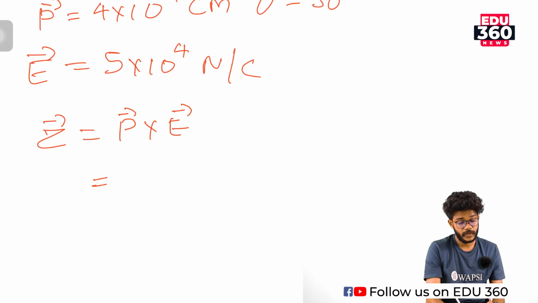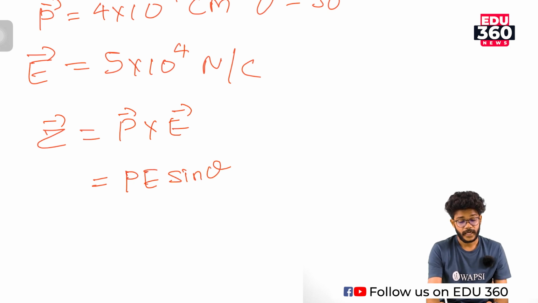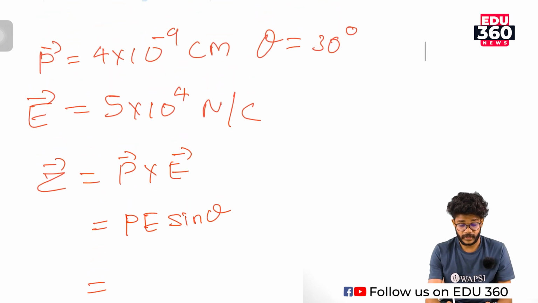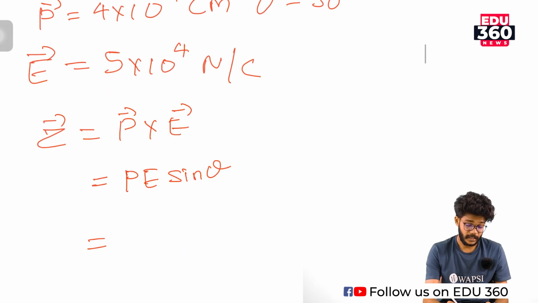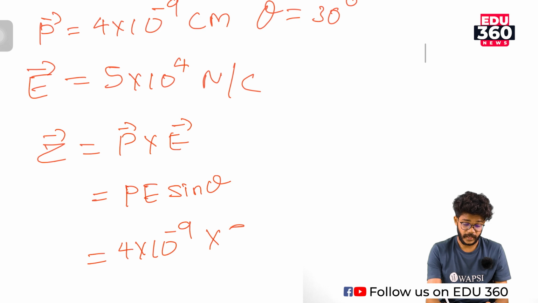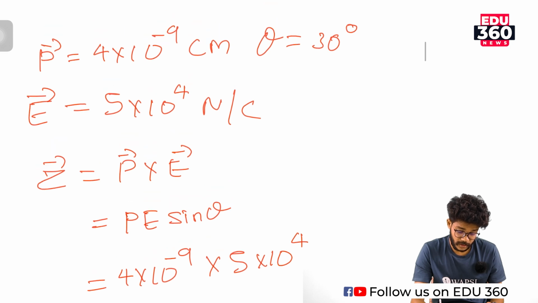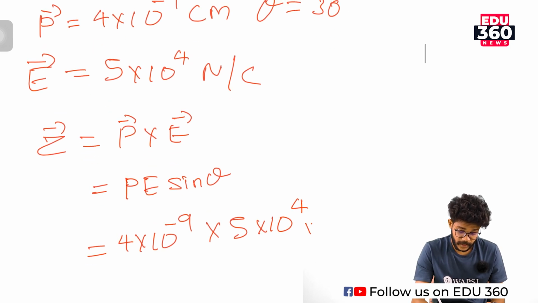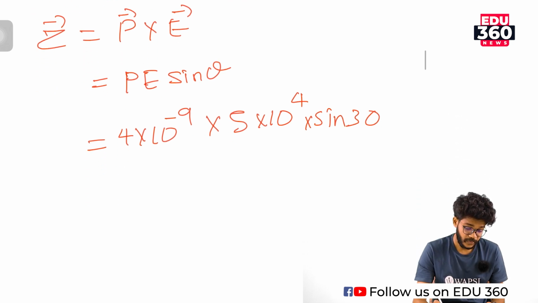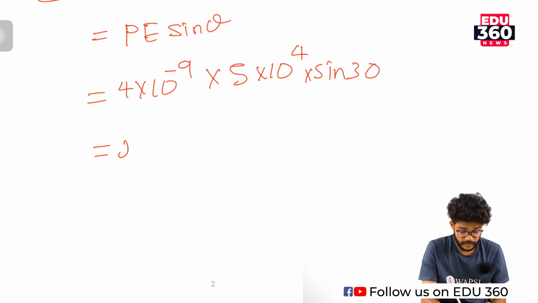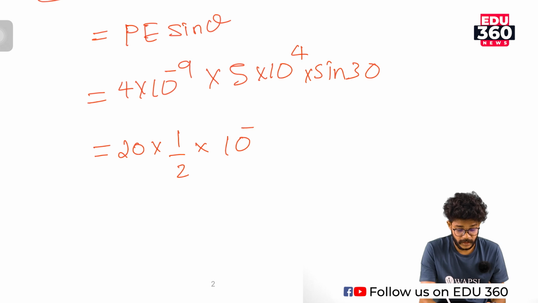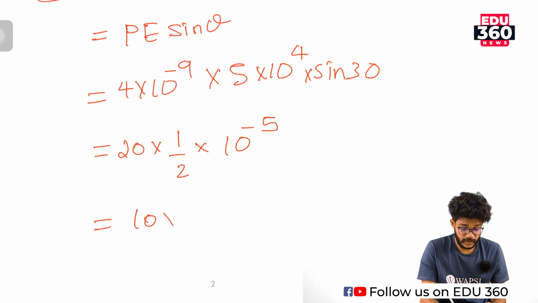Which is equal to PE sin theta, and theta is 30 degrees. Substitute the values: 4 into 10 raised to minus 9 multiplied by 5 into 10 raised to 4 multiplied by sin 30. 4 into 5 is 20, and sin 30 is 1 by 2, and 10 raised to minus 5, which is equal to 10 into 10 raised to minus 5, which is equal to 10 raised to minus 4.